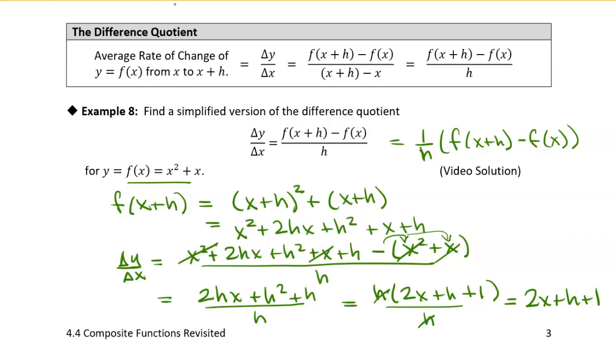So we want to let h go to 0. And what we end up with is the derivative. So if we wanted to look ahead, if h goes to 0, then you're left with 2x plus 1. And that is the derivative of x squared plus x. All right, but that's getting a little bit ahead of ourselves. But that's all I have for this section, and I'll meet you in class.